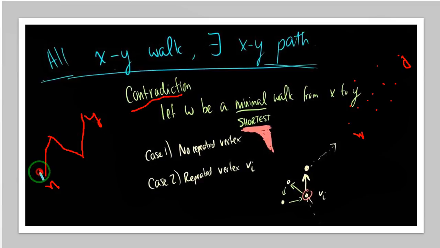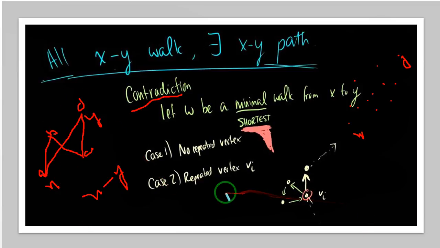Let's say this is A, this is B, this is C, and this is D. So no repeated vertices. A to B, B to C, and so on. We can also move directly, because we need to find the shortest path. So this is the shortest one. But he said no repeated vertices, so here we cannot repeat any vertex.